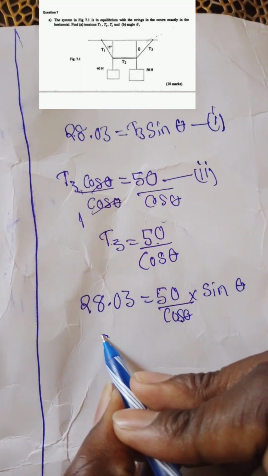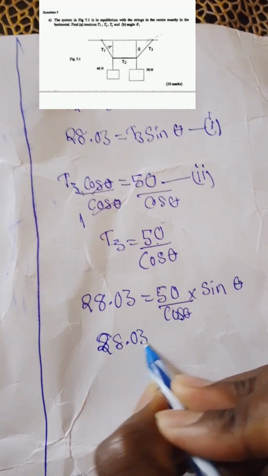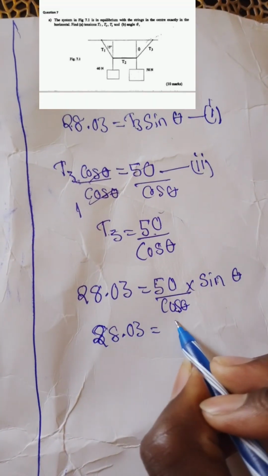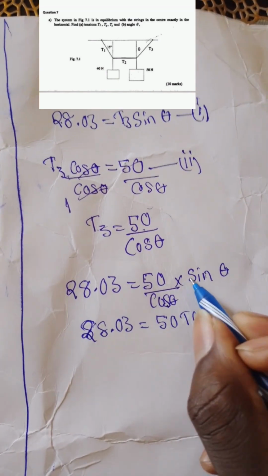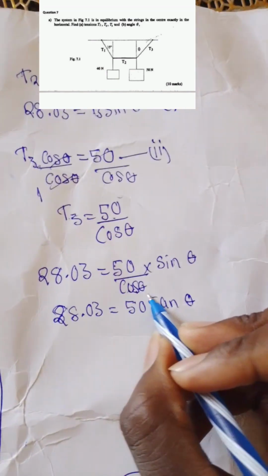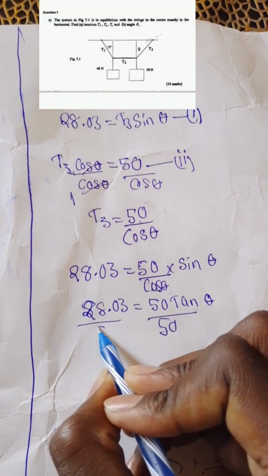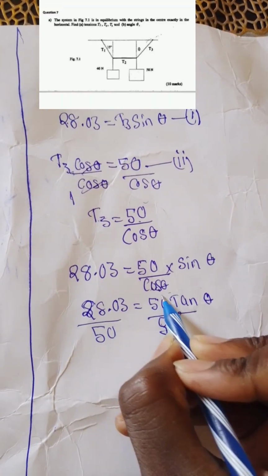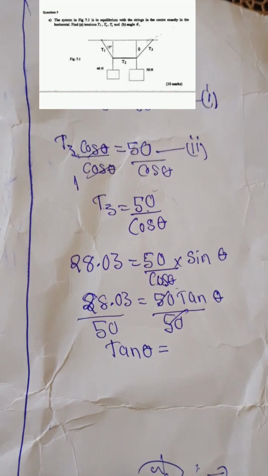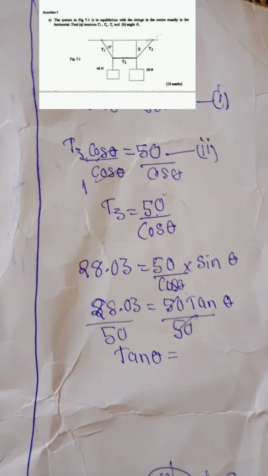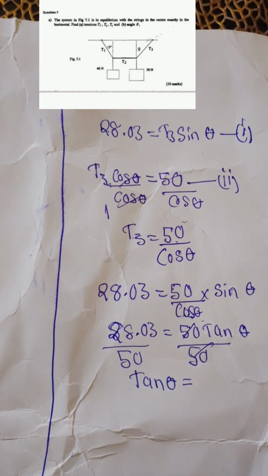So this will be 28.03 is equal to 50 tan theta. Sine divided by cos, it's tan theta. Now we are going to divide by 50 so that we can make tan theta the subject of the formula. So here it will be tan theta is equal to 28.03 divided by 50.